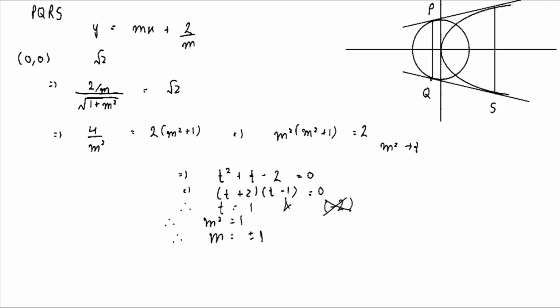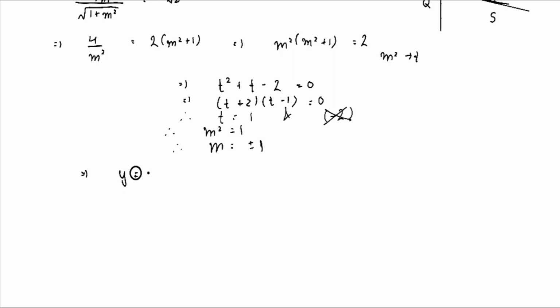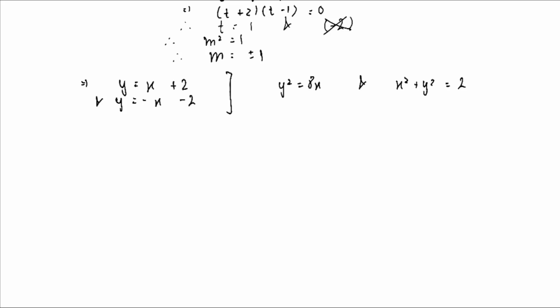So we get the equation of tangents as y equals x plus 2 and y equals minus x minus 2. Now if we solve both these equations with the parabola y square equals 8x and the circle x square plus y square equals 2, we can easily get the coordinates of the points P, Q, R and S. So solving it, we'll finally get the coordinates as P will be minus 1, comma 1, Q will be minus 1, comma minus 1, R will be 2, comma 4 and S will be 2, comma minus 4.